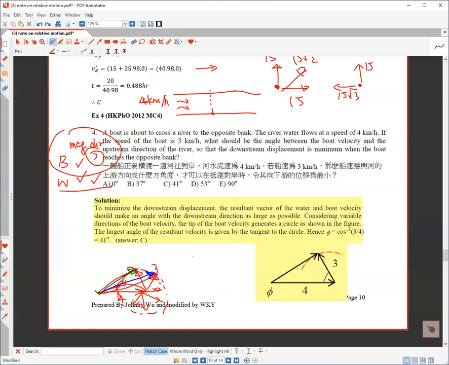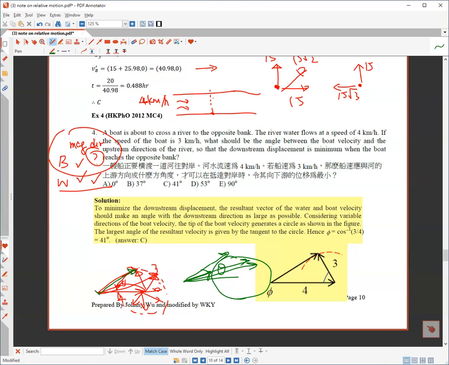Then how can we determine which direction will give you the smallest downstream displacement? So let me draw the diagram again. This is a straight line with a circle here. Oh, sorry, my poor drawing. There are many possible directions, but the one with the smallest downstream displacement should be the one that has the largest angle with the horizontal.